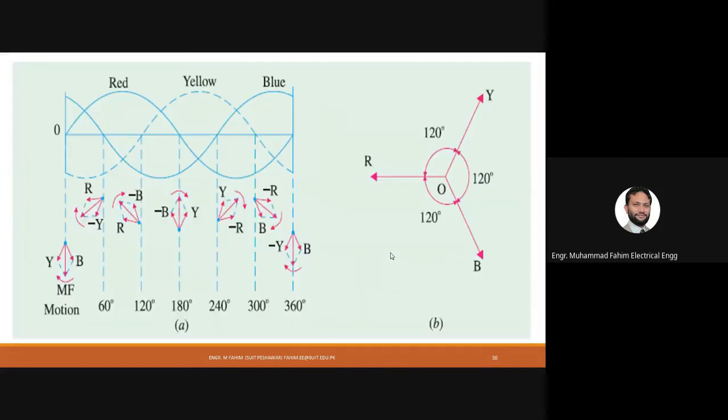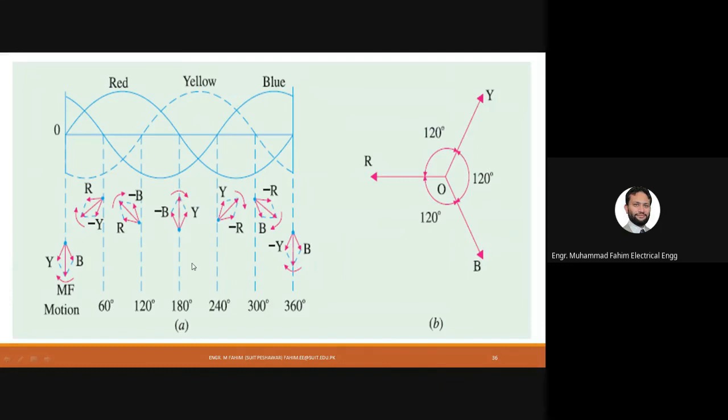So now this is the diagram for the rotating magnetic field, shown with a phase shift of 60 degrees from the previous one, and it is rotated clockwise.